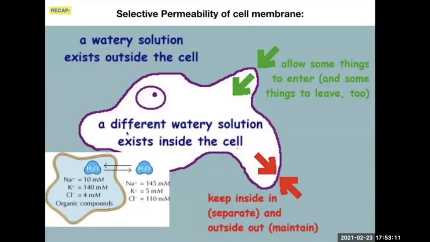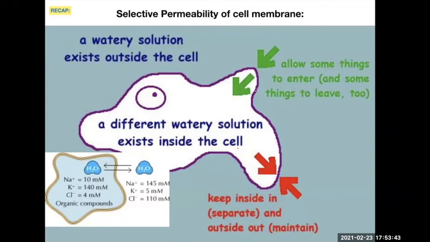All right. And so the reason we get this difference between the inside of a cell and the outside of a cell, given some of the numbers here: sodium and chloride, for instance, are very low, 10 millimolar and 4 millimolar inside a cell, whereas they're very high outside the cell. Whereas potassium is very high concentration inside the cell and low outside the cell, right? And so this is basically your selective permeability.